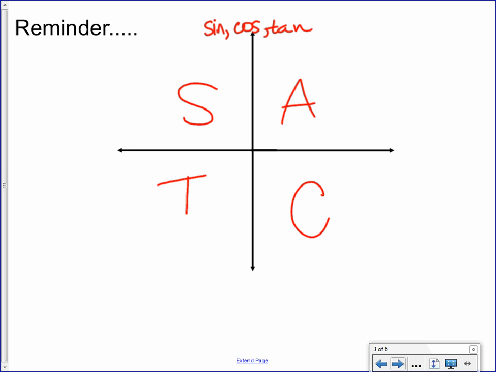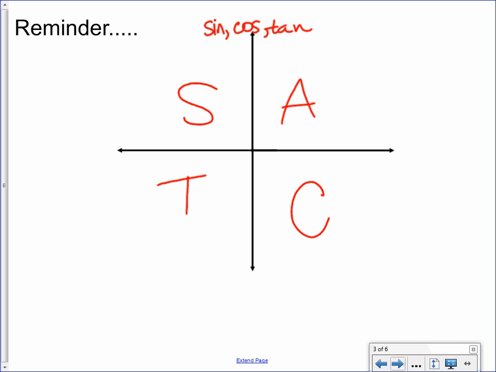All three are positive in the first quadrant because x and y are both positive. Only the sine is positive in the second quadrant because our y coordinate is positive. Only the tangent is positive in the third quadrant because x and y are both negative. And cosine is the only one positive in the fourth quadrant because our x coordinate is positive.